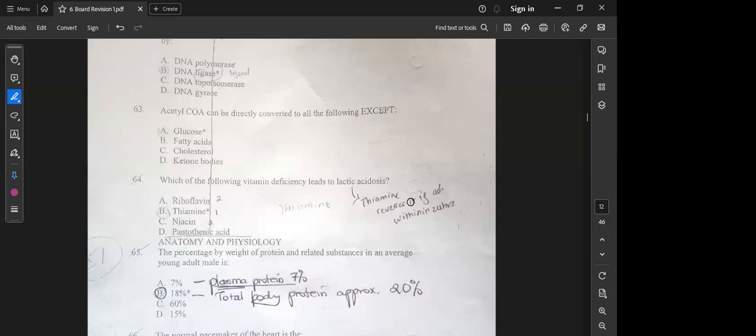Then number 64, which of the following vitamin deficiency leads to lactic acidosis? Maybe we can approach it like this. Deficiency of riboflavin leads to. Maybe we can do that.